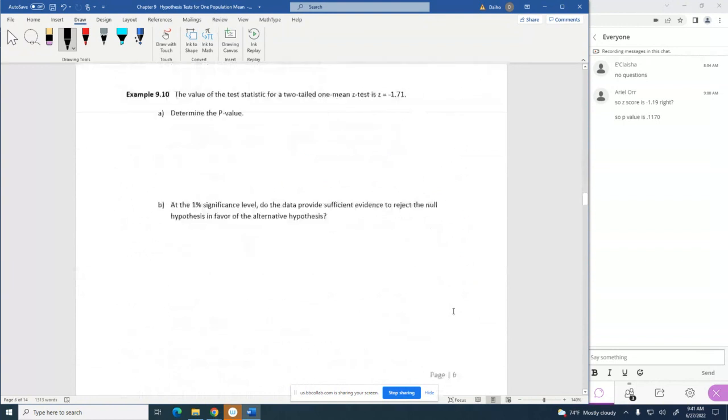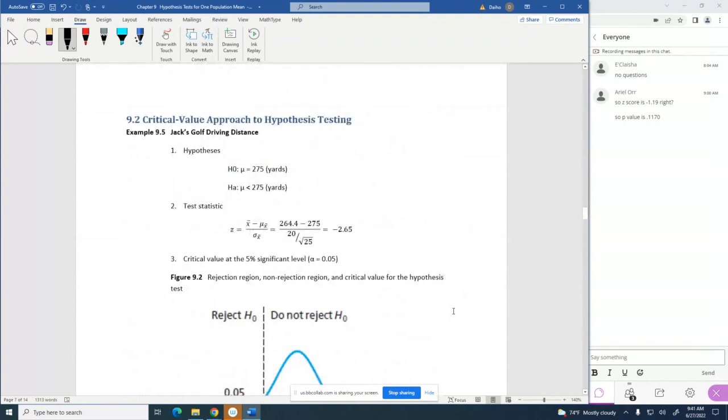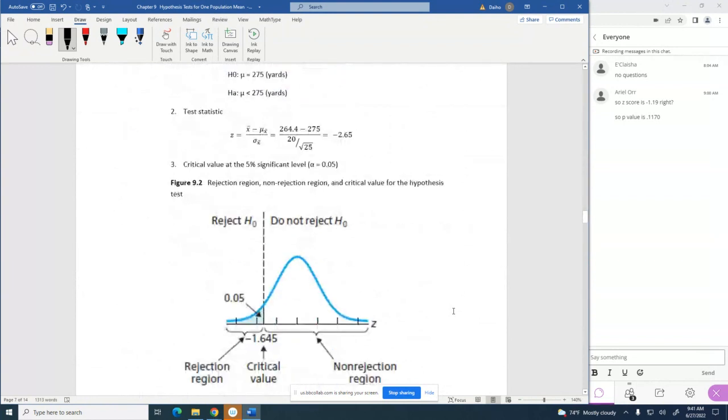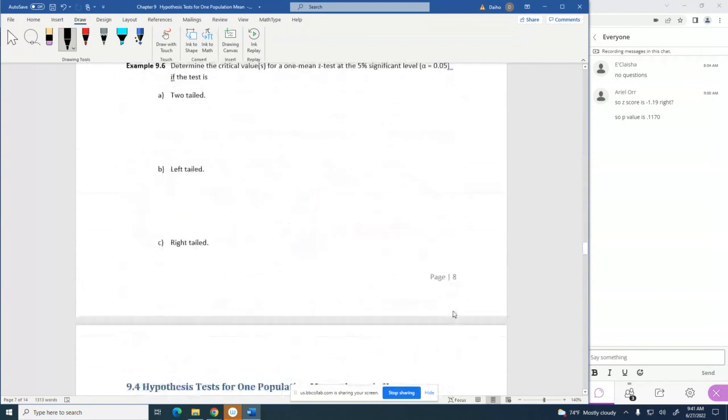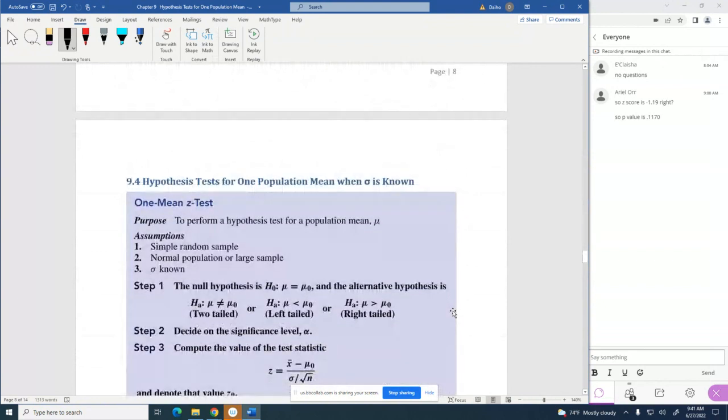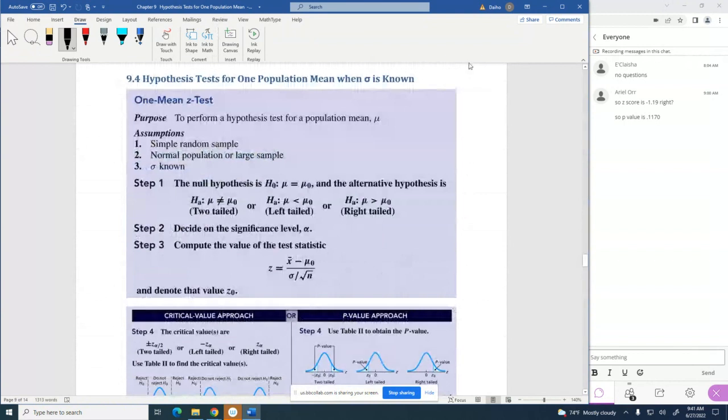So it is the hypothesis test for, yep, please add unknown.